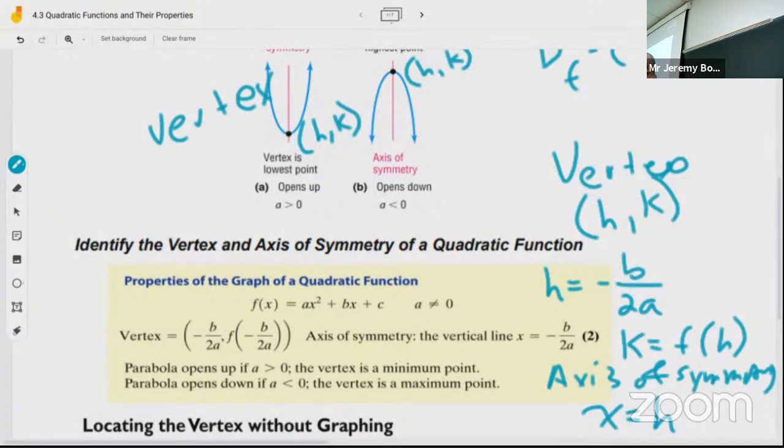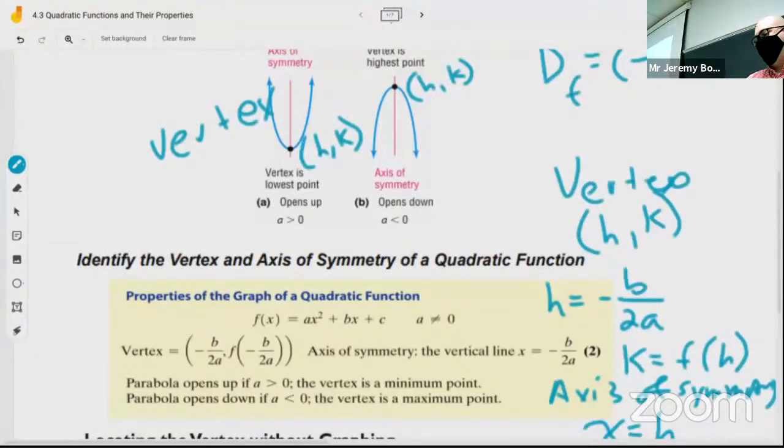Any questions on that? So remember, if it opens up, the vertex is going to be the absolute minimum. That's going to be h comma k. If it opens down, the vertex is going to be your maximum. That's going to be h comma k. So let's talk about what's the range going to be.